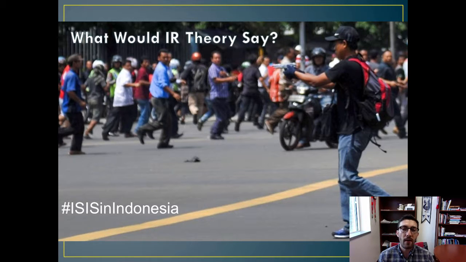So here you have a transnational group that attacks a state for reasons related to politics or religious fundamentalism. So if we think again back to the different schools of thought, realism, liberalism, constructivism, which one of those theories might have something to say about an international terrorist group and what it does to affect a given state?